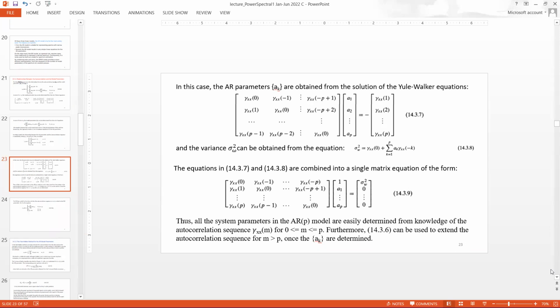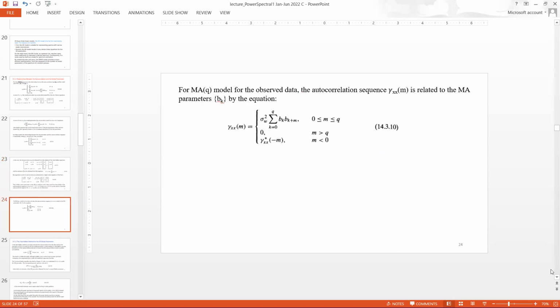Once we get the ak values, we can extend this equation for the extended values, like m greater than p. So we talked about the ARMA model and the AR model; lastly comes the MA model, the MA(q) model. To find gamma xx, we have to use this equation.